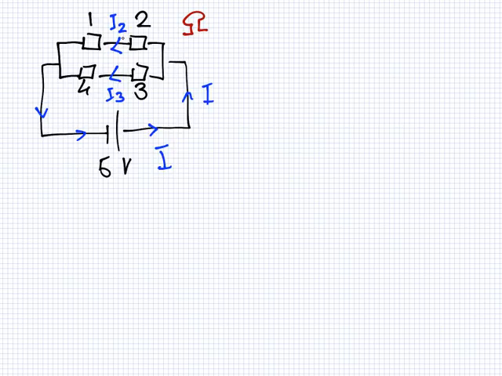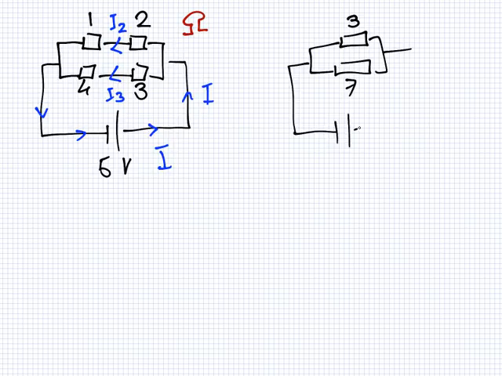Okay. What should I do here to simplify this even more? I should add these together, shouldn't I? So what do I get on the top? 3. And what do I get on the bottom? 7. Do you see what I mean? Yes. And then what should I do now? Find the I. No, before that even.